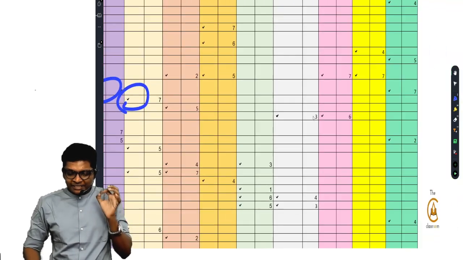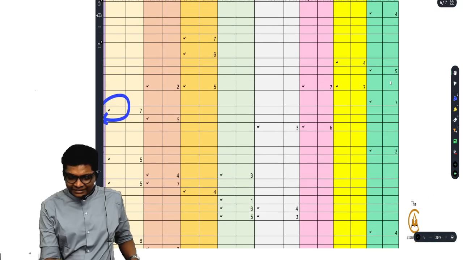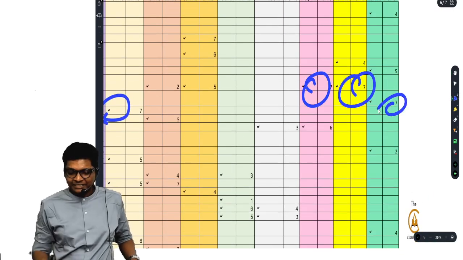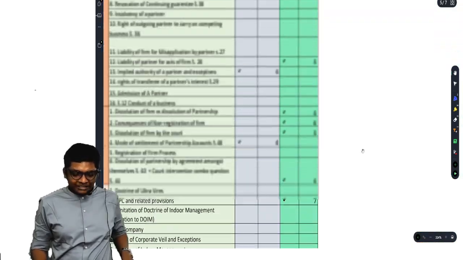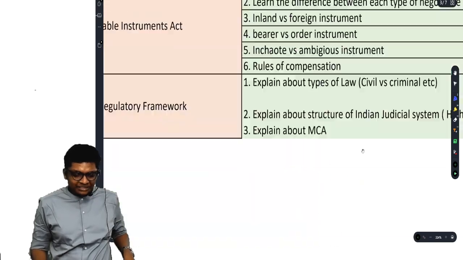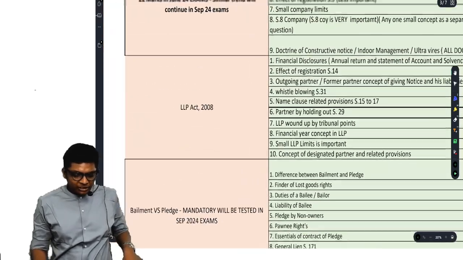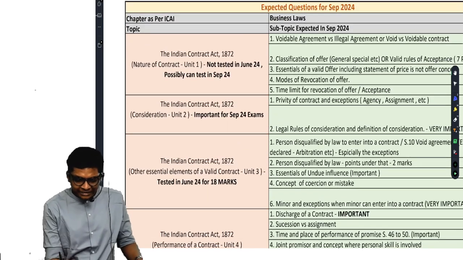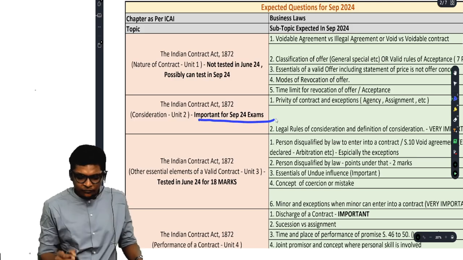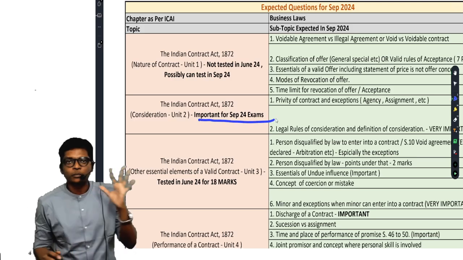In the last 2 attempts they have not tested it. Otherwise, always some question is tested. Therefore, since the consideration chapter was not tested in the last 2 attempts, in our expected questions I have added the consideration chapter and mentioned it as important for this attempt. Definitely there will be a question.